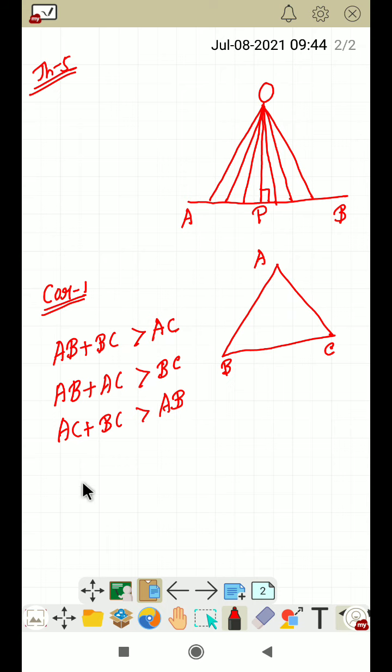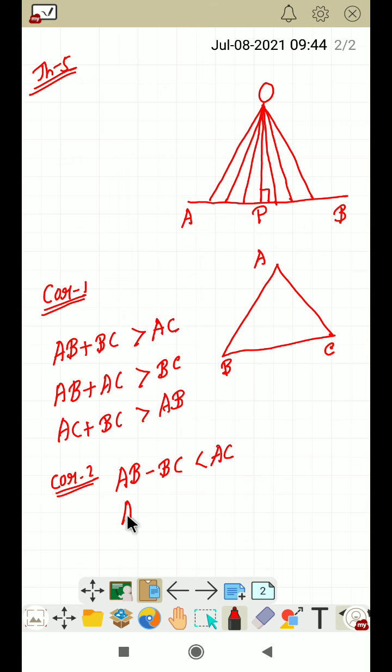Now go to the next corollary. Next corollary tells us that the difference between the lengths of any two sides of a triangle is always less than the third side. That means the difference, suppose AB minus BC, is always less than the third side AC.